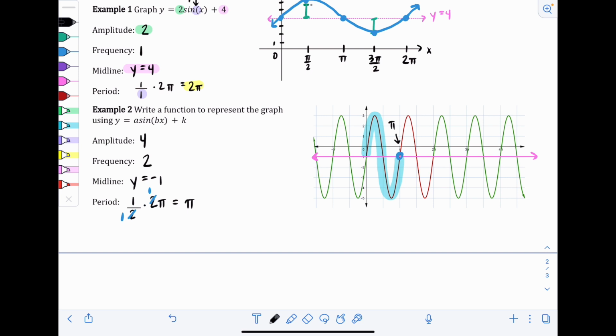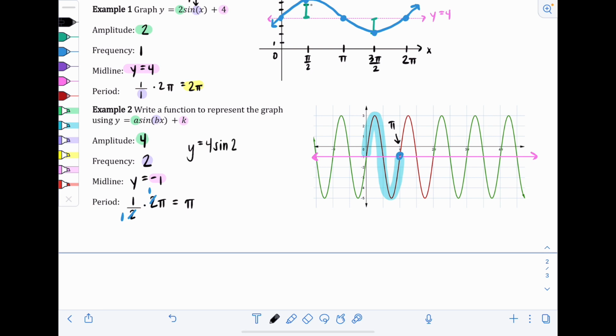So now we just have to take each value and put them in. I'm not going to scroll back and forth between what each letter means. You hopefully have it on your paper. But the amplitude is a, the frequency is b, and the midline is k. So we just have to put all those in there. So it'd be y equals 4 for the amplitude, and then times sine.